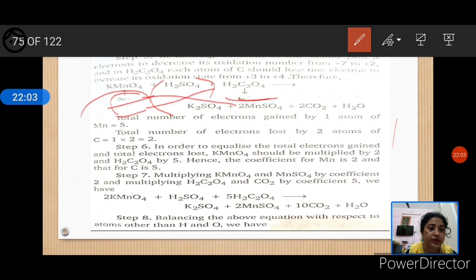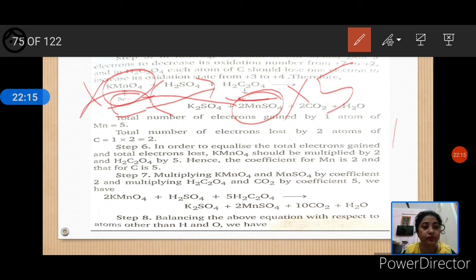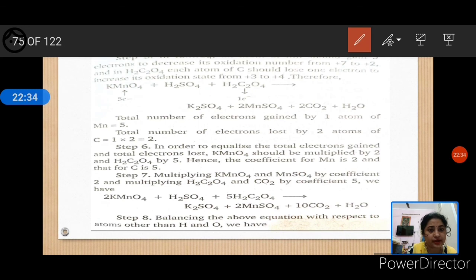Multiplying KMnO4 and MnSO4, wherever manganese is present, both will be multiplied by 5. And again for the loss and gain: in KMnO4, manganese oxidation state is +7, and in MnSO4 it becomes +2, meaning it shows a gain of 5 electrons.